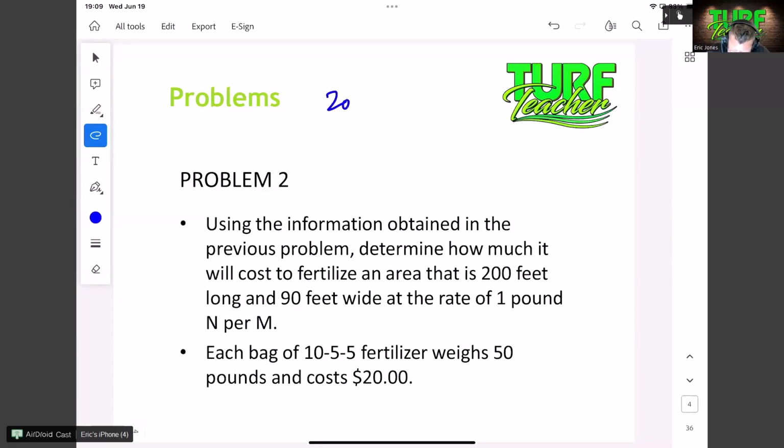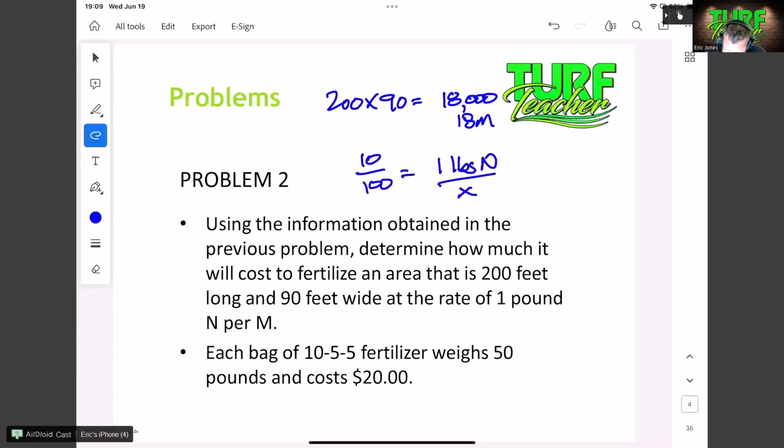We're going to say 200 times 90 gives us 18,000, or 18 M in the Roman numerals. And we know that the 10 over 100, 1 pound of nitrogen over X, we have X equals 10 pounds per 1,000.